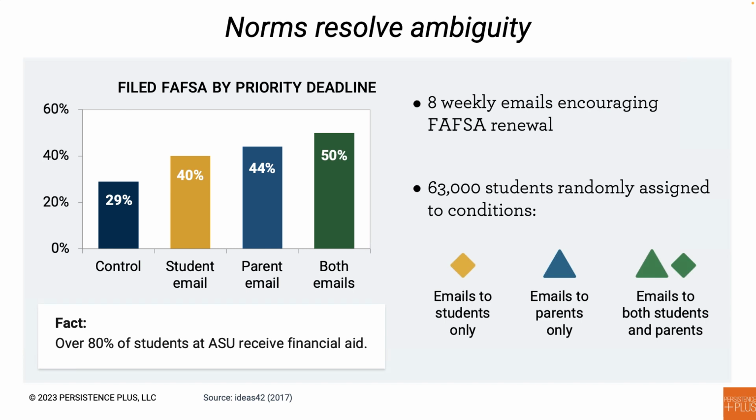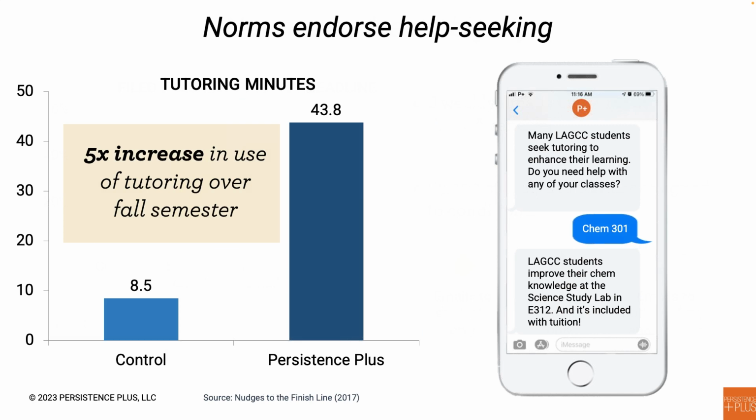And they found this was very effective. In the control group, only 29% of students filed by the priority deadline. But when the emails included these facts saying this is the norm, doing the FAFSA and getting financial aid, you see rates increased anywhere from 40 to 50%, with the most effective being norming it for the parents and the students.